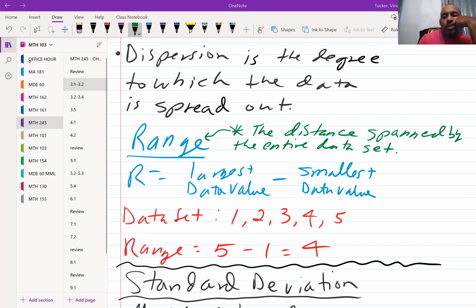If our data set is 1, 2, 3, 4, 5, do 5 minus 1, and our range would be 4. Once again, we're talking about different things we can use to summarize our data, to be able to compare data sets. This 4 represents the distance spanned by the entire data set.